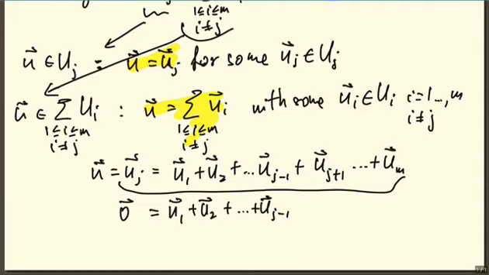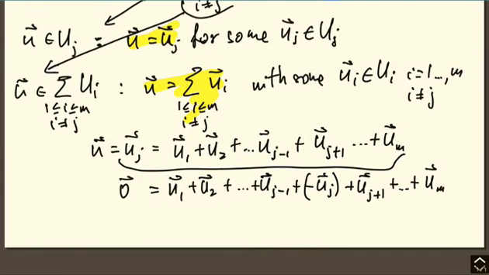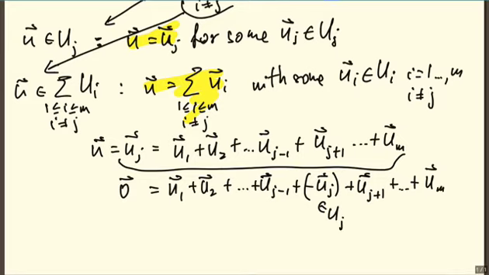And then since this is in the U_j subspace, we insert here this minus u_j, taking it to the other side, and the rest of the sum. Each of these is from the corresponding U space, for example, this is from the U sub j subspace, this is from the U_1 subspace, and this is from the U_m subspace.